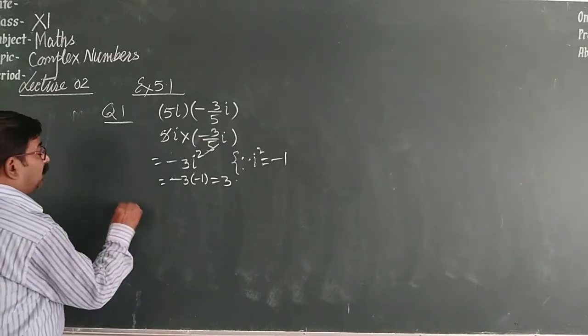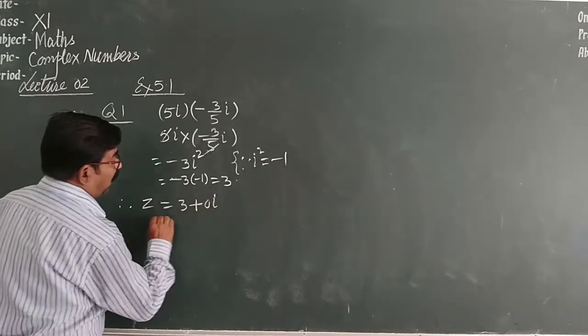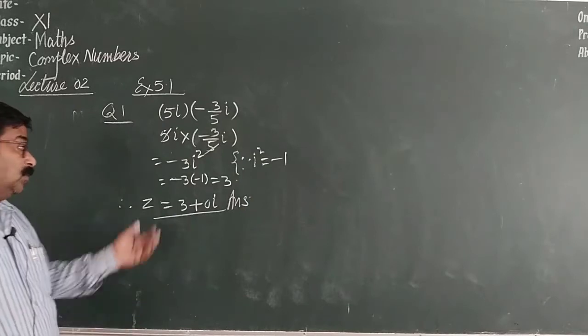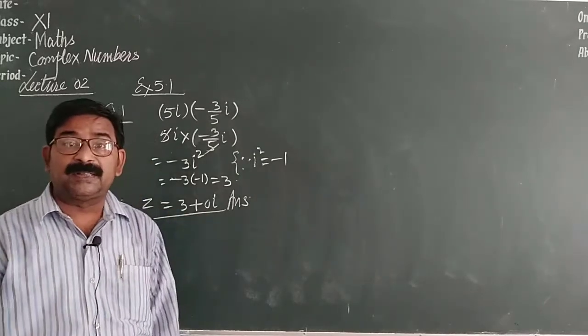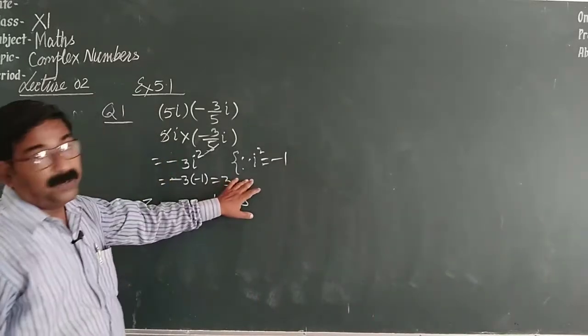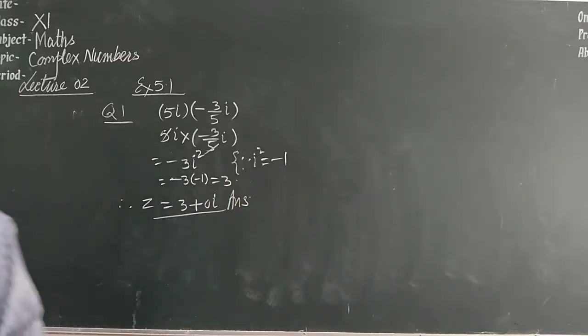So therefore z is equal to 3 plus 0i, means we have to write the complex number form. So we have to mention both real and imaginary parts. If any of the parts is not given, that becomes 0. Like in this question, the imaginary part was not there, so I have written 0i. Got it? Very simple question.